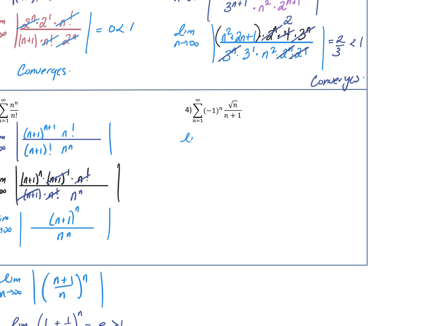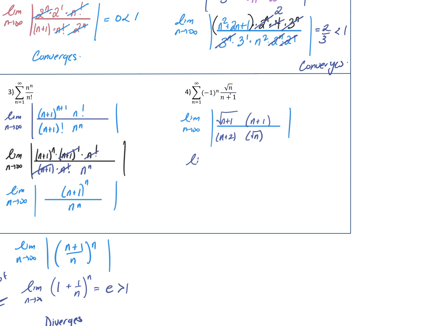Okay, for number 4, we've got the limit as n goes to infinity. Again, I'm going to plug in n plus 1, so this becomes n plus 1 over n plus 2. Flip it, so this becomes n plus 1, and then over root n.